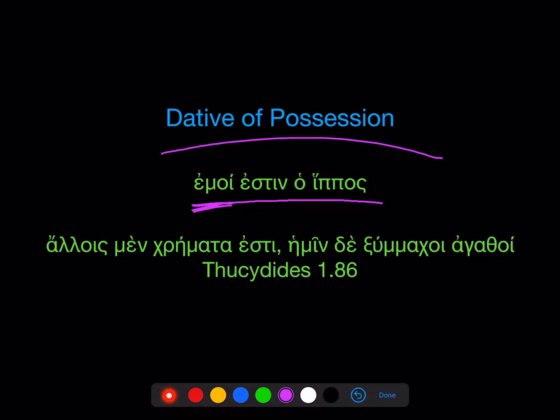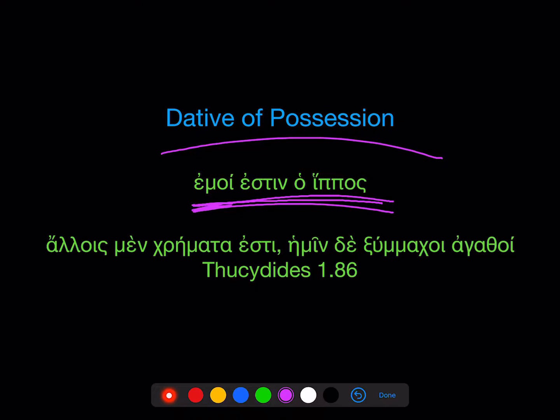The genitive of possession emphasizes whom the thing belongs to, and the dative of possession emphasizes what the person has, right? So to me is the horse, I have a horse, is often the way that you translate that sentence.